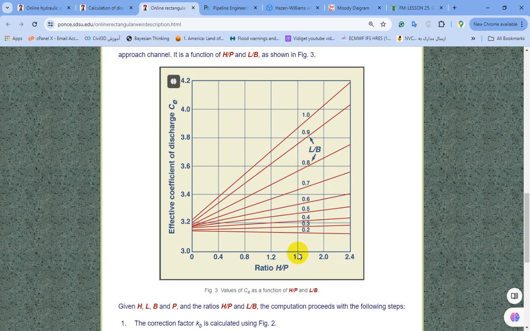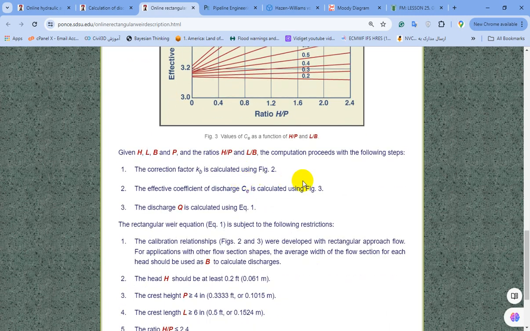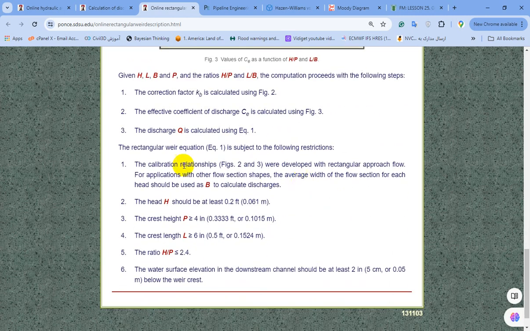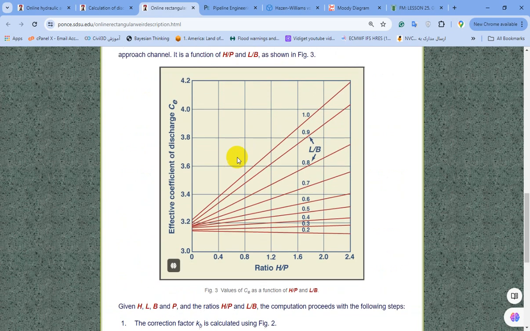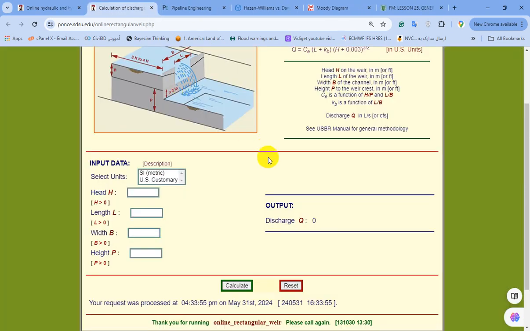By intersecting this value and this curve and going to the left side, you can find out that the discharge coefficient for this case ranges from 3.4 to 3.6. This weir also has limitations like this, and I think this information is enough.